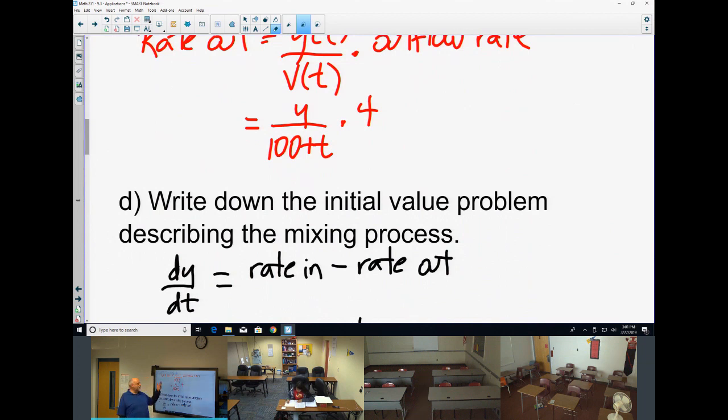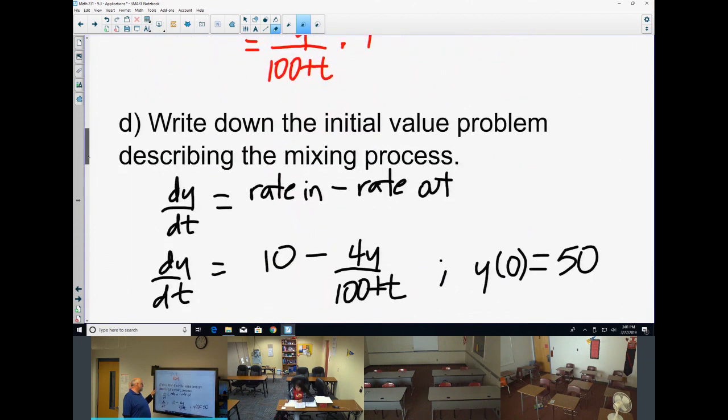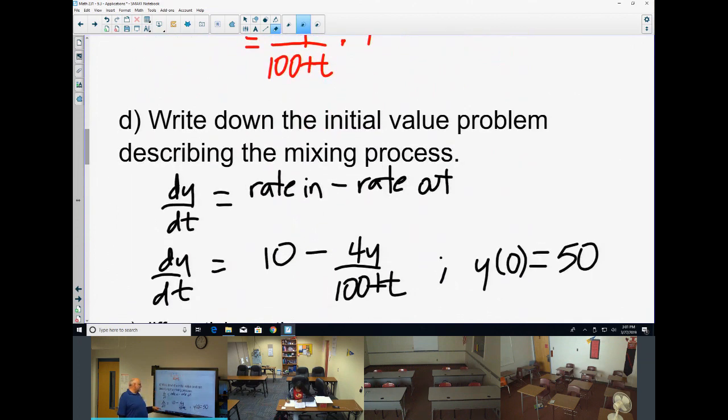So we just take those two answers that we just got, and it's going to be dy dt equals 10 minus 4y over 100 plus t. Now the initial value, it says that when time starts, we have 50 pounds of brine in there, so of salt. So y sub 0 is equal to 50. So that's our initial condition that's going to help us find C.